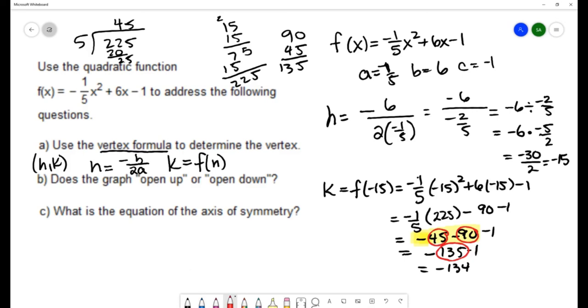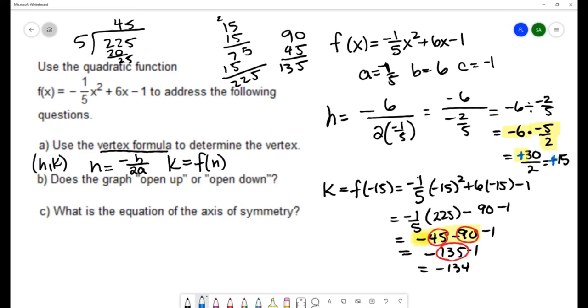So I did make a mistake, and let's go back up here to see where the mistake is. Up here I have a negative 6 multiplied by a negative 5 over 2, and that should have been a positive right there. So I was a little bit careless. That should have been a positive 30 over 2, which is a positive 15.